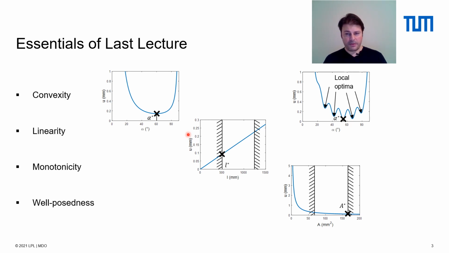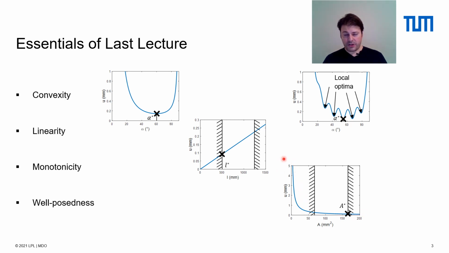Another important property is linearity of optimization problems. And optimization problems are linear when the objective function and the constraint functions are linear with respect to the design variables. And when you have a linear or a monotonous problem, then your optima will always be at the boundary.